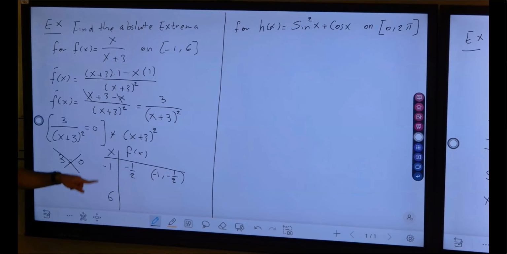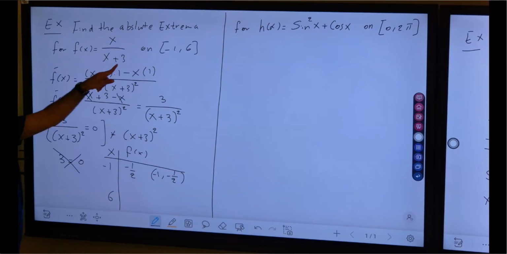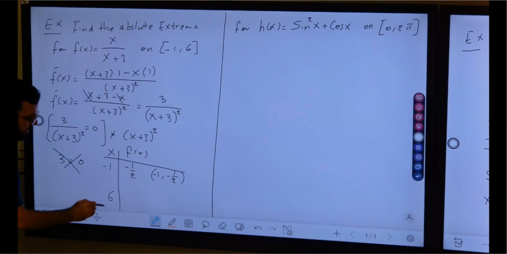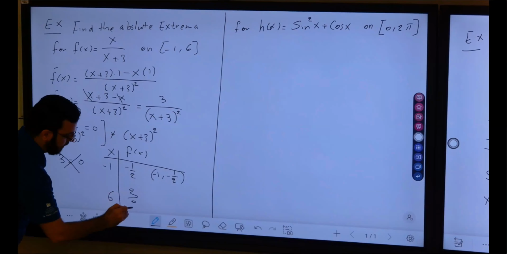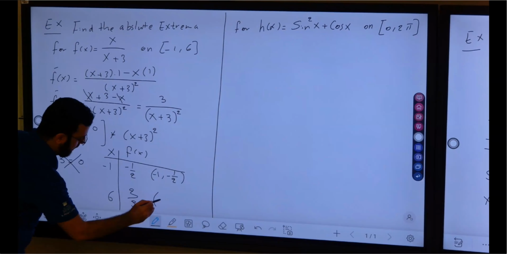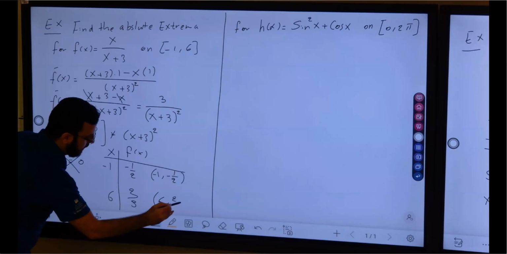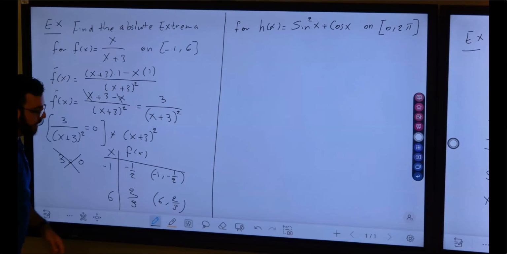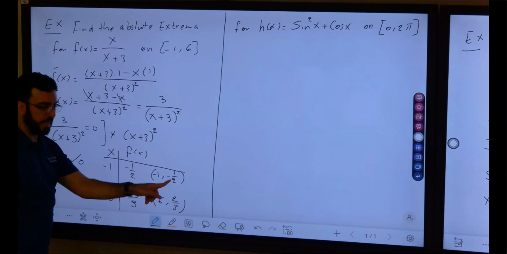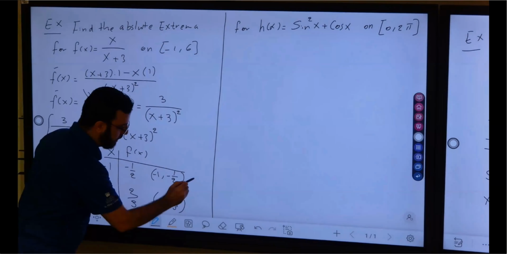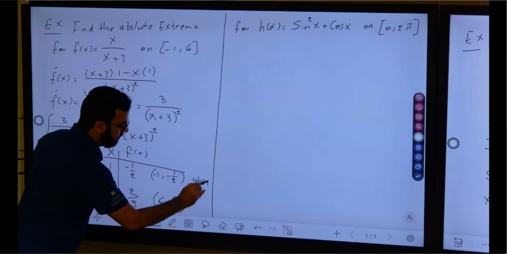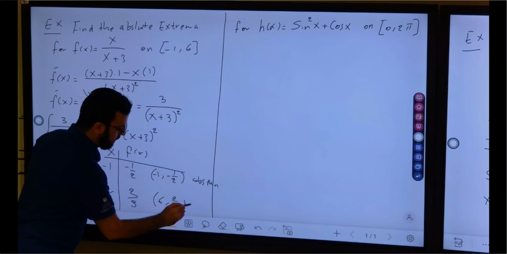Plug in 6: 6 over 6 plus 3, which is 6 over 9, which is 2 over 3. So the second point is 6 and 2 over 3. You can tell this is negative and this is positive. So this is the absolute minimum, and here is going to be the absolute maximum.